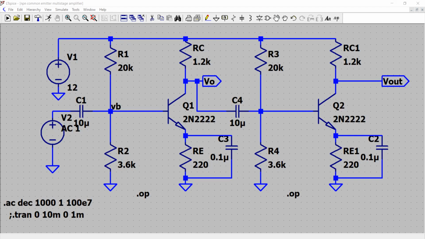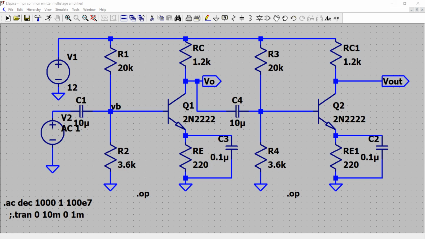So my capacitances are helping me with that. However, the resulting overall amplifier can no longer respond to DC or very low frequency input.